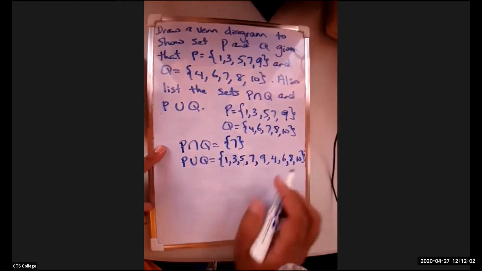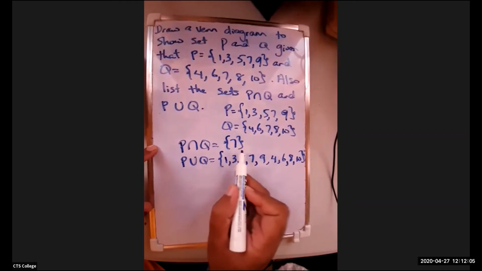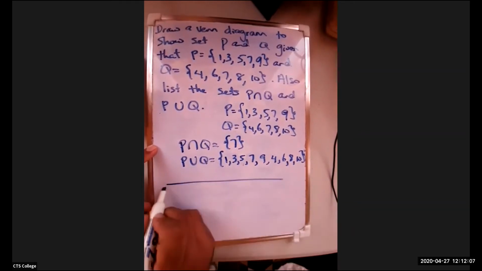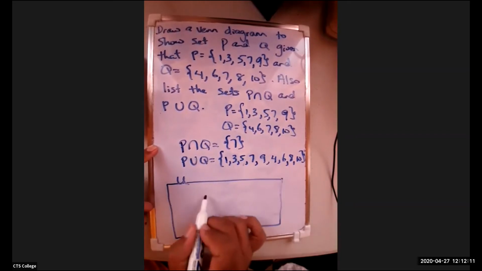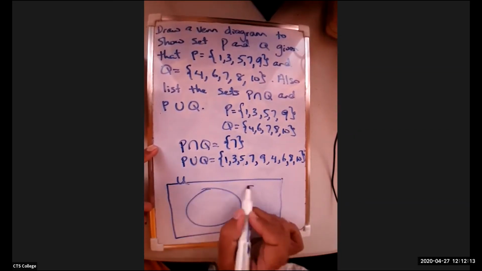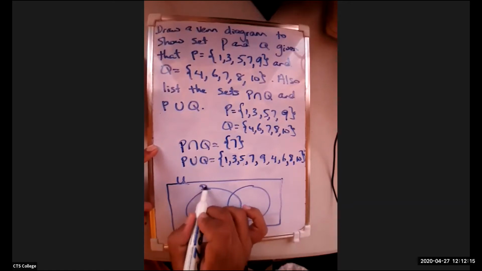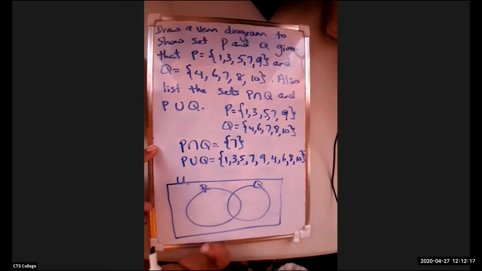Okay? So now that we know that there is something in common, we know when we draw our Venn diagram, it will be 2 interlocking circles, or two circles that connect with each other. So we have P here. Because 7 is common, you only put in 1 7 instead of the 2. Correct.